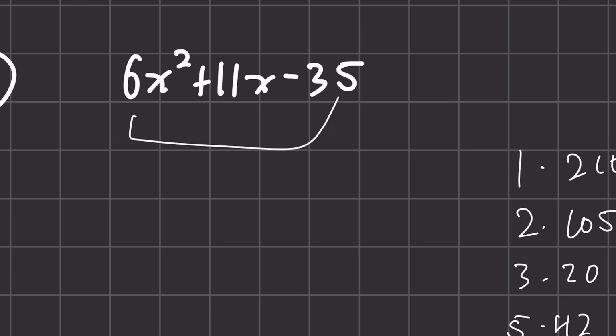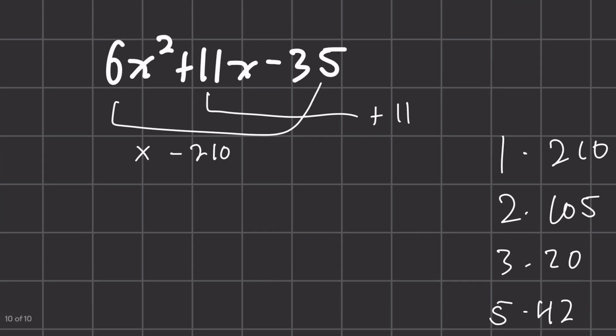So in this case, 6 times negative 35 is going to be negative 210. And again, we want to multiply to that, and we want to add to 11. Two numbers that multiply to negative 210 and add to 11.